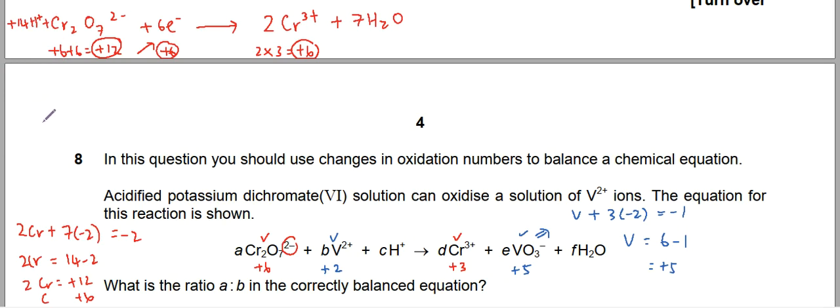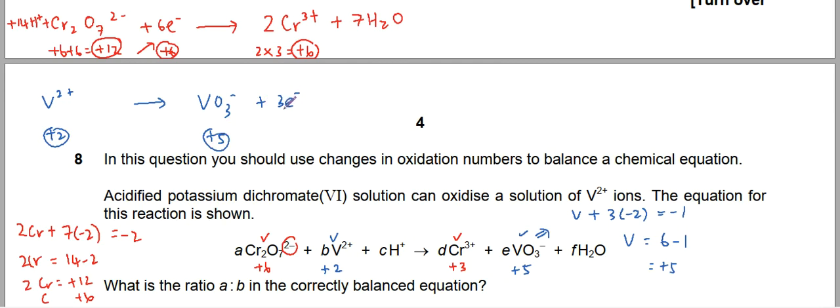Now we look at vanadium. We start with V2 plus, and then it becomes VO3 negative. The starting oxidation number is plus 2, and here it becomes plus 5, meaning we need to add 3 electrons to balance the charges.